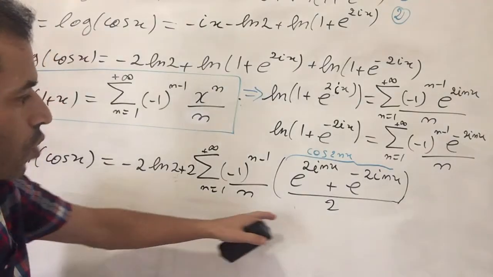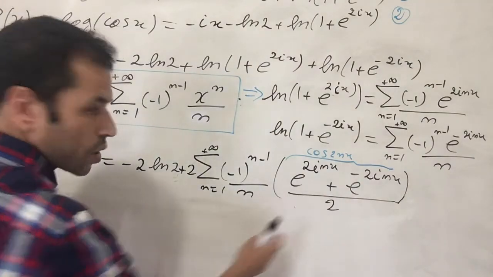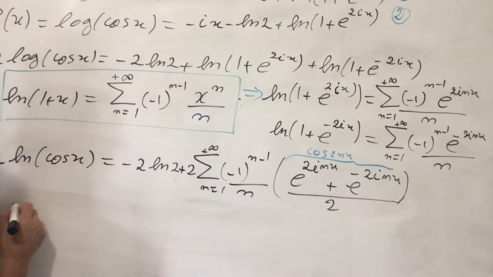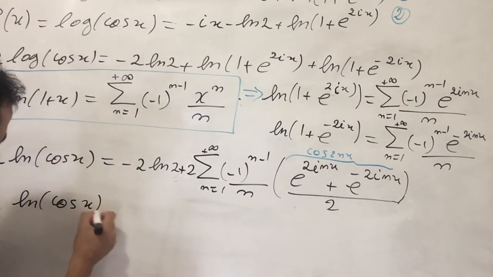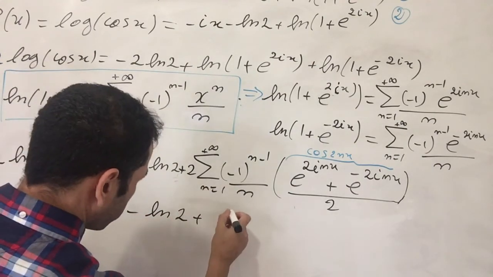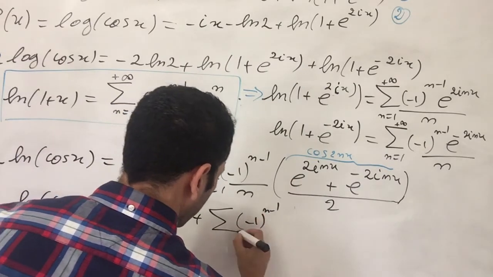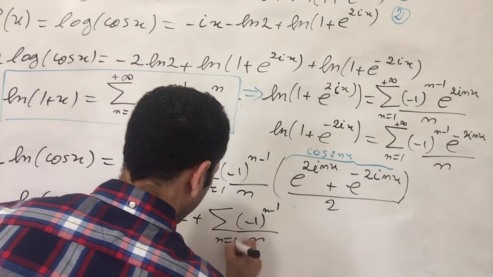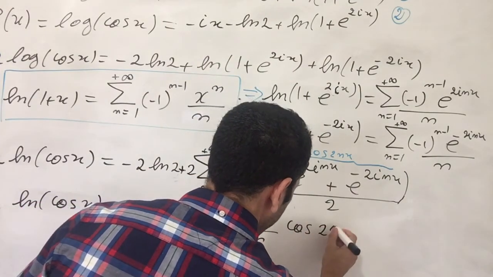This is cosine 2nx. At the same time, I'm going to divide by 2 on both sides. So I will have natural log of cosine x equal to minus natural log of 2 plus the sum of minus 1 to the n minus 1 over n, as n goes from 1 to plus infinity, of cosine of 2nx.